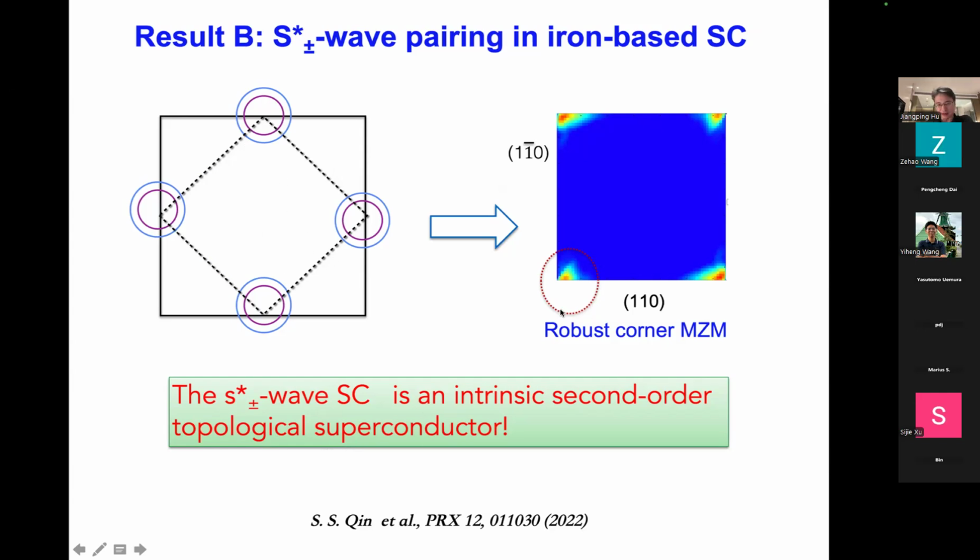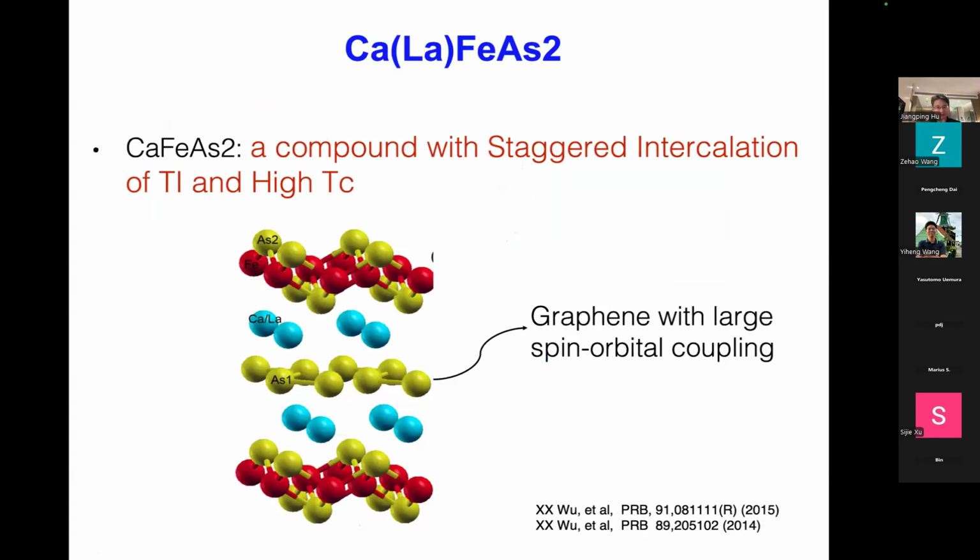The experimental prediction is that the 110 and the 1-10 corners will have robust corner Majorana zero modes. Okay, so these are two very specific predictions. Let me quickly go through the theoretical details.